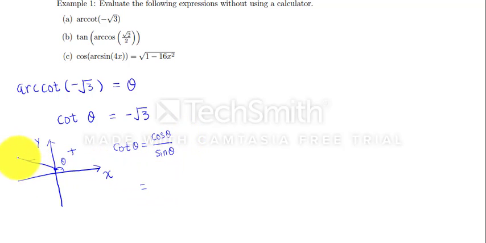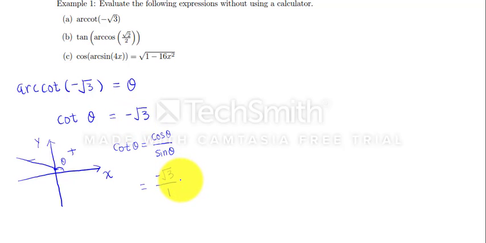So for the angle right here, the cosine value will end with a negative square root of 3, and the sine value will end with a 1. Negative root 3 over 1 gives you negative root 3.